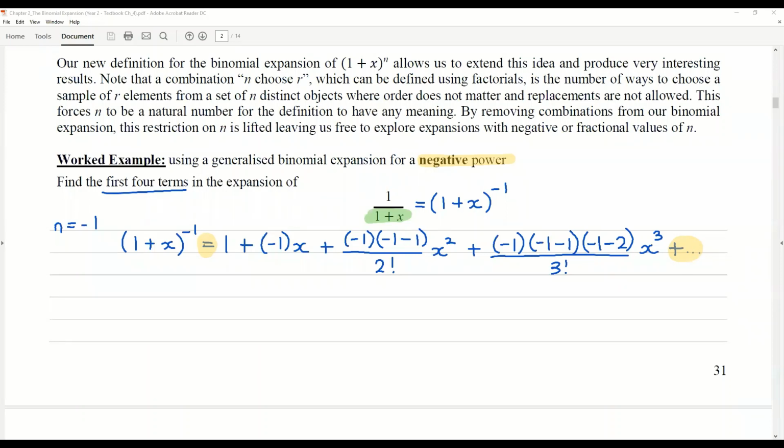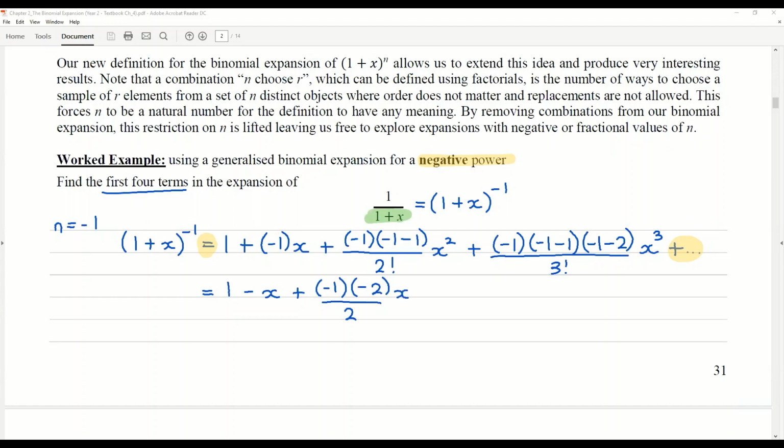So the next step, we just need to simplify this a little bit. So this is going to equal 1, and then we've got subtract x, and we're going to have plus -1 multiplied by -2 over 2 factorial, which is 2. And notice I'm putting in another step here. I'm not trying to do too much in one go.